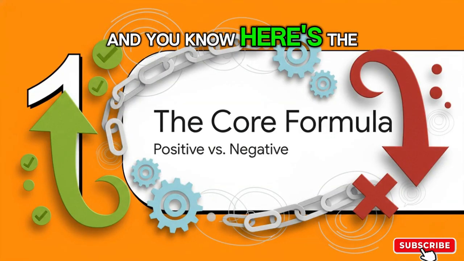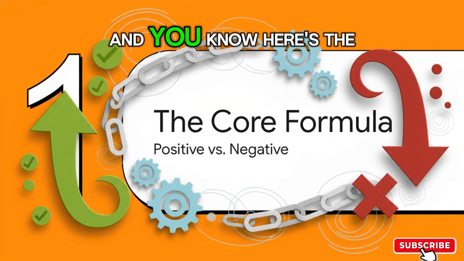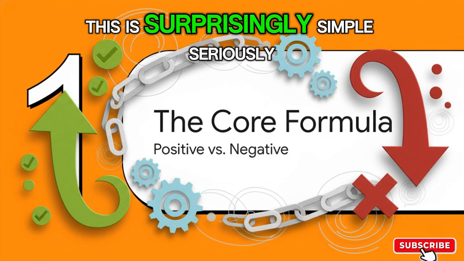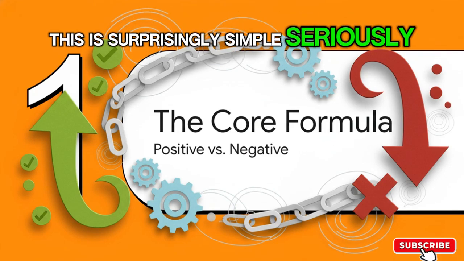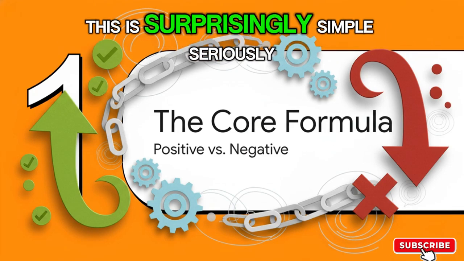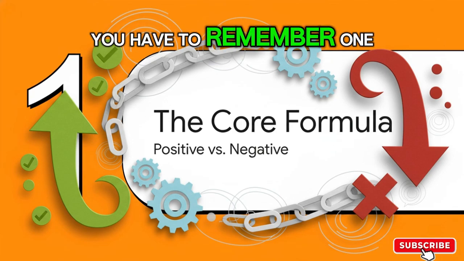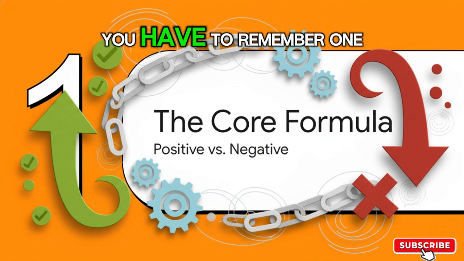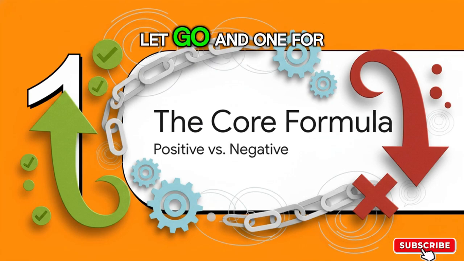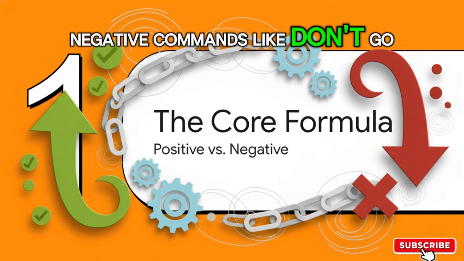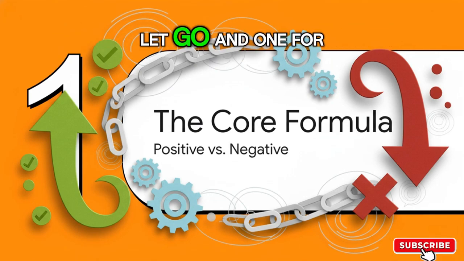And here's the really good news. This is surprisingly simple. Seriously, there are really just two main formulas you have to remember. One for positive commands, like go, and one for negative commands, like don't go.